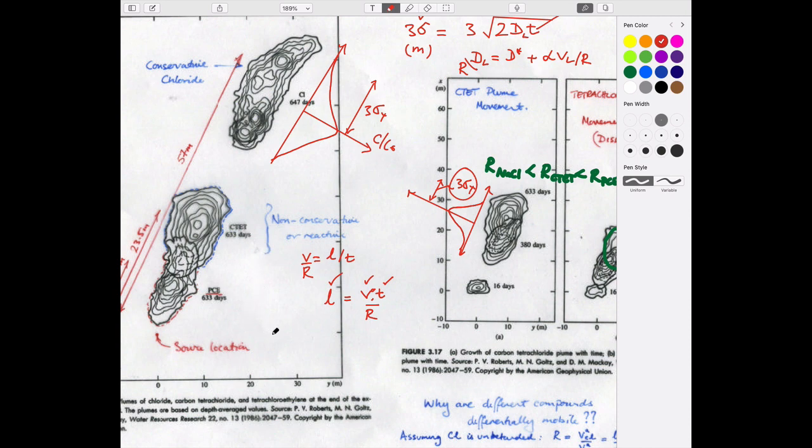And so retardation of carbon tetrachloride over retardation of chloride is going to be equal to, you do that as 1 over the lengths, right?